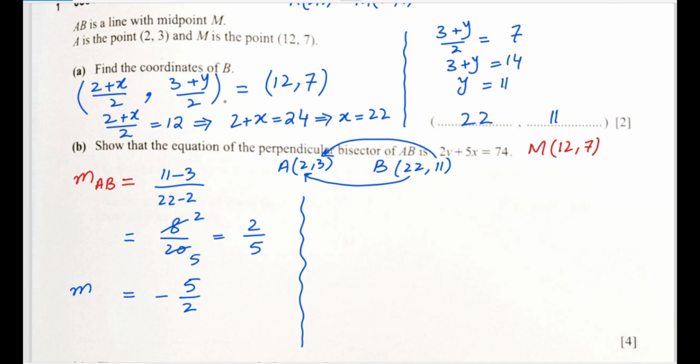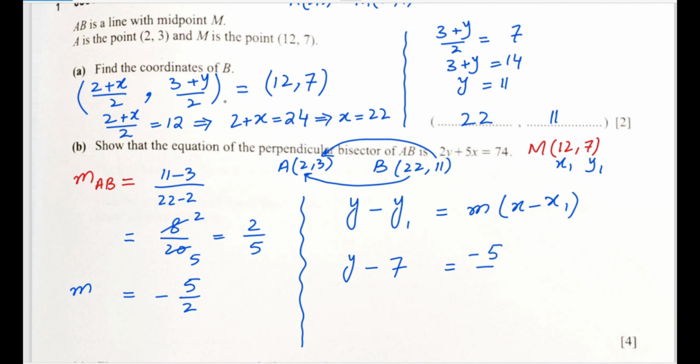We can easily find the equation by using the standard equation formula: y minus y1 is equal to m into (x minus x1). And this midpoint we will consider as x1 and y1. So now we will substitute all the values in this formula. y minus y1, y1 is 7. m is the gradient of the perpendicular bisector, that is minus 5 over 2. x minus x1.